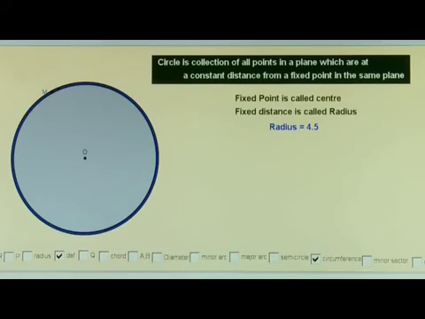When it comes back to its original position, it has completed just one round around the boundary of the circle. The total length covered by point M is known as the circumference of the circle. Hence, the length of the boundary of a circle is known as the circumference of the circle.